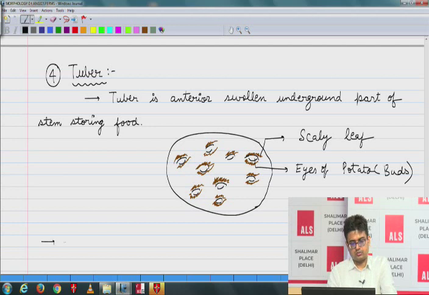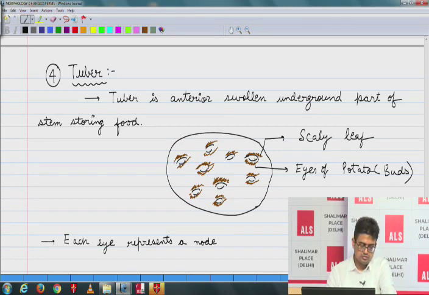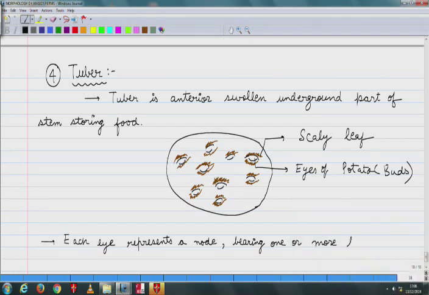Each eye represents a node bearing one or more buds, having a leaf scar or scaly leaves.